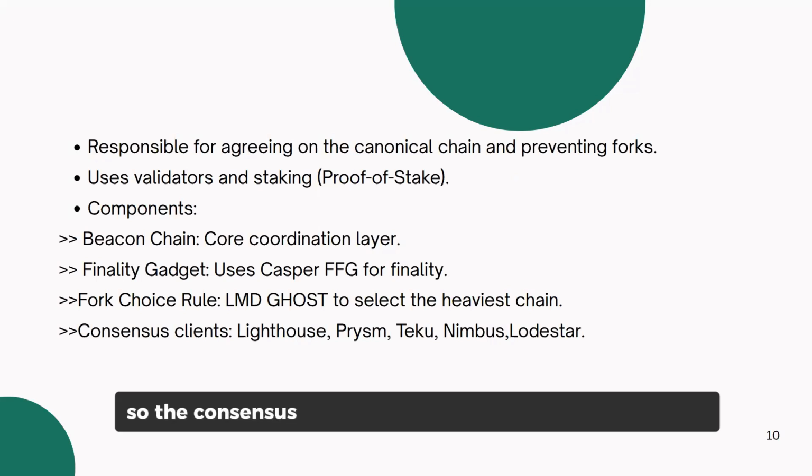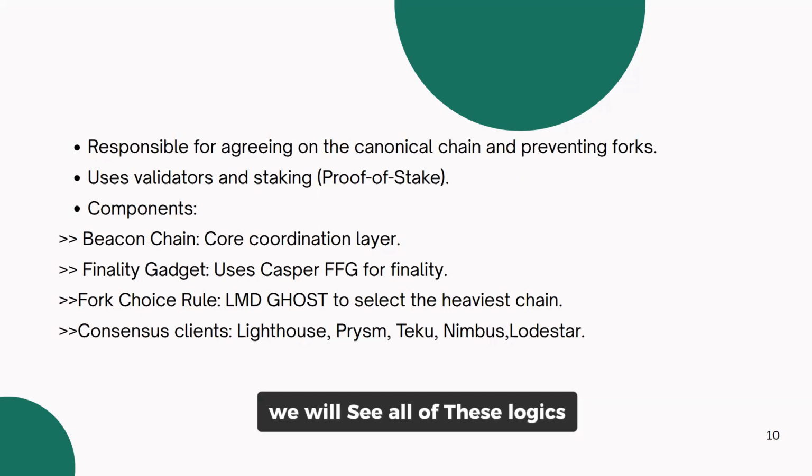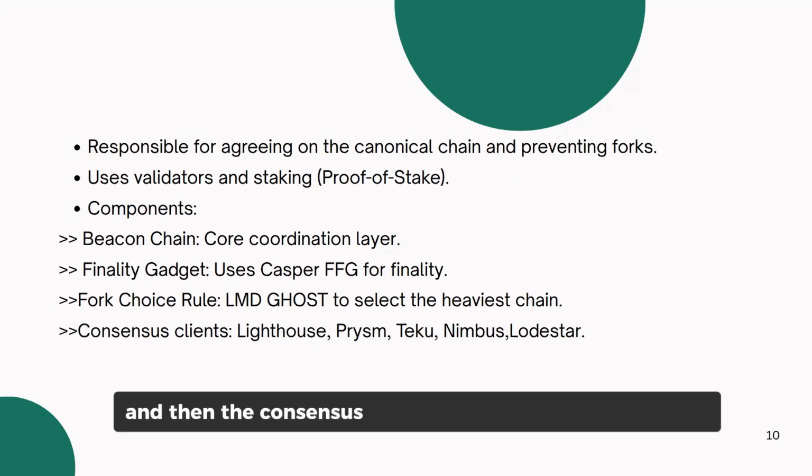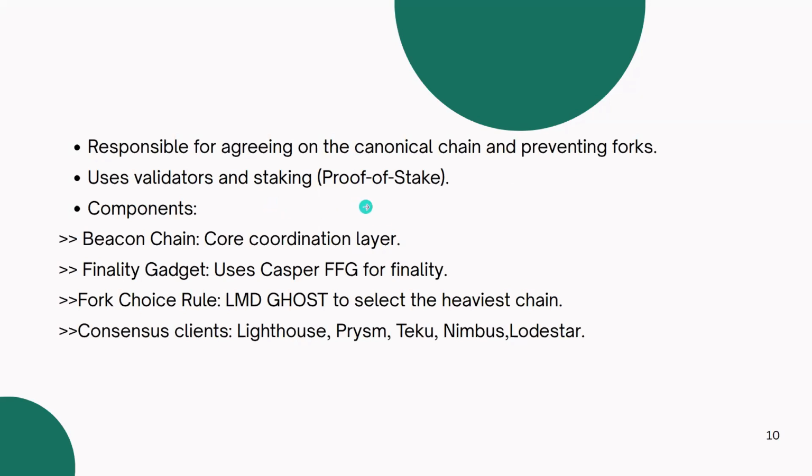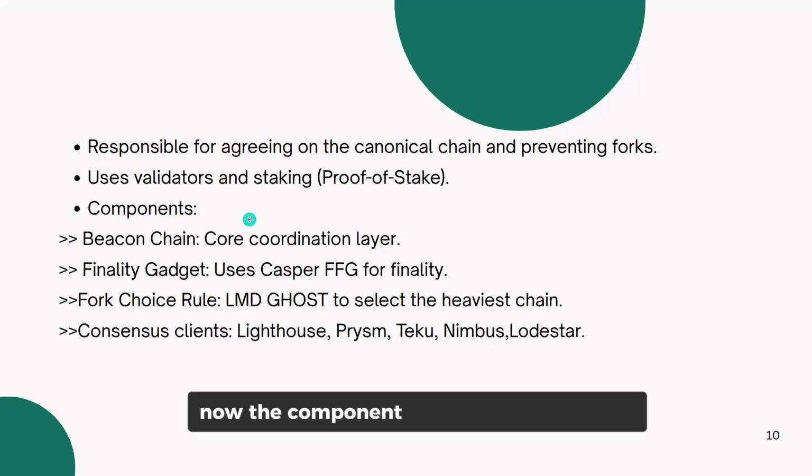So the consensus layer is responsible for preventing forks. When we advance deeper into the consensus layer, we will see all of these logics. And then the consensus layer uses the validators and staking, that's the proof of stake.